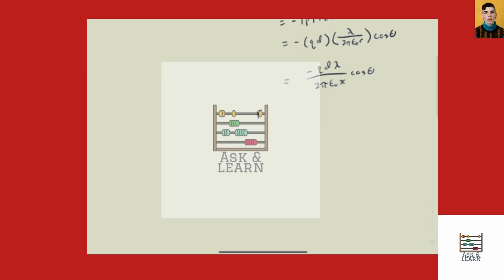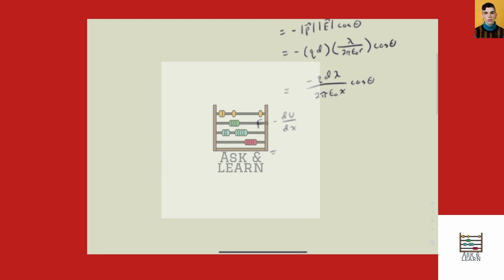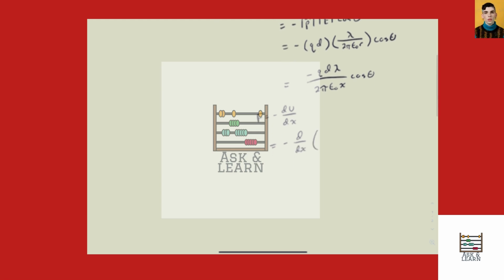And then the force is going to be negative the derivative of the potential energy with respect to x. So we can plug in what we just got in the last part. So negative q d lambda over 2 pi epsilon naught x times cosine theta.